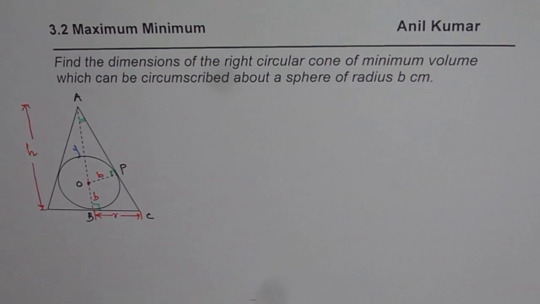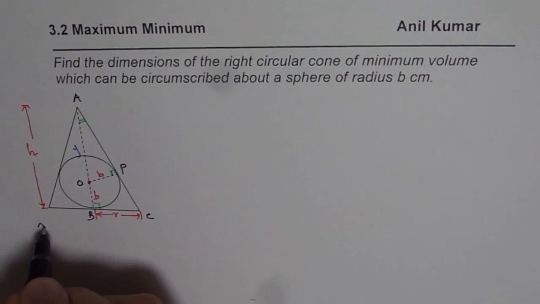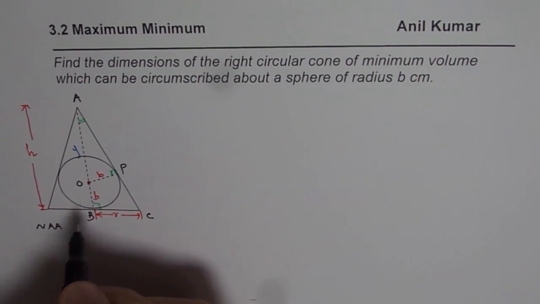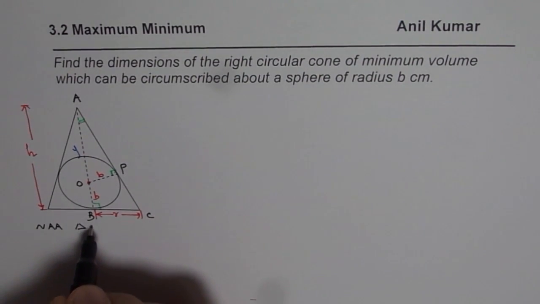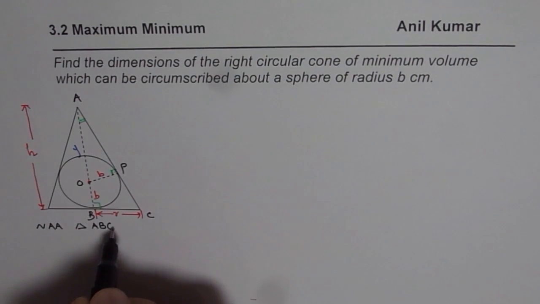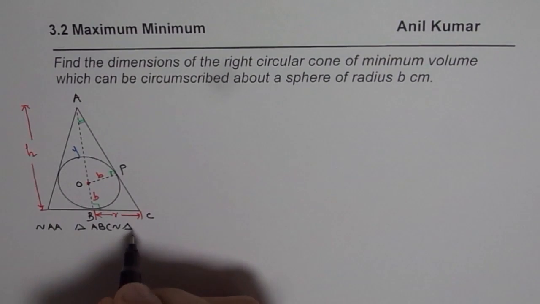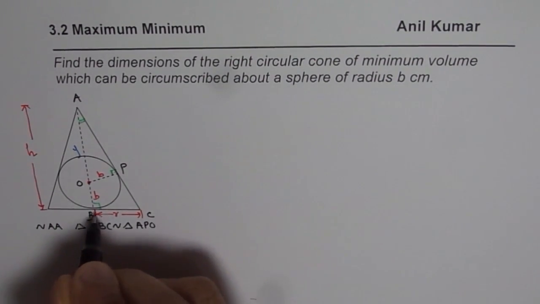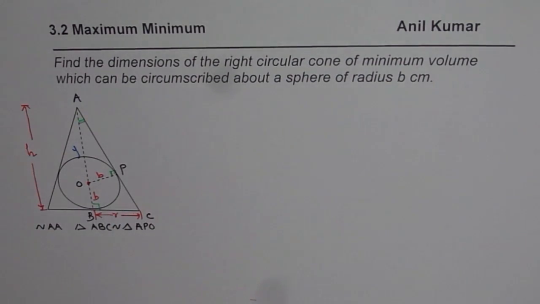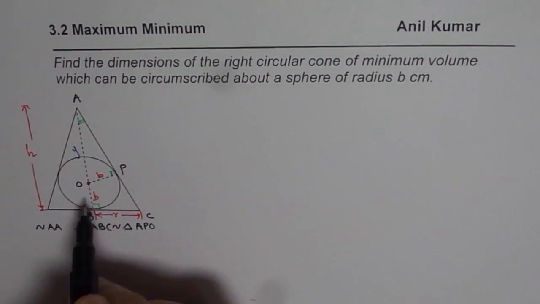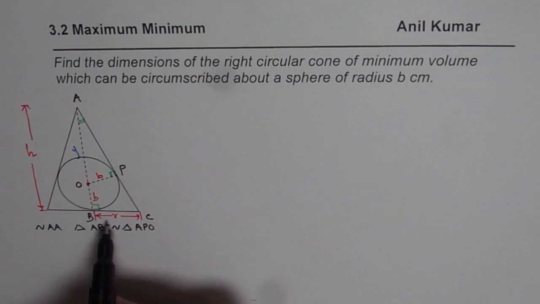So because of AA, the property of two angles, we can say that triangle ABC is similar to triangle APO. I'm writing APO since B and P are 90 degrees. Now since they are similar, their corresponding sides will have the same constant ratio.